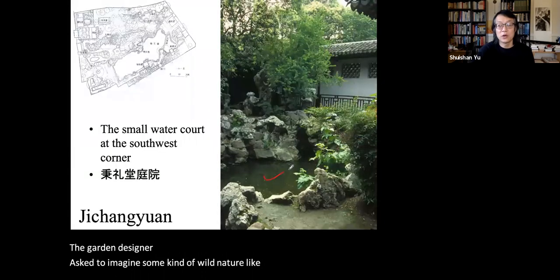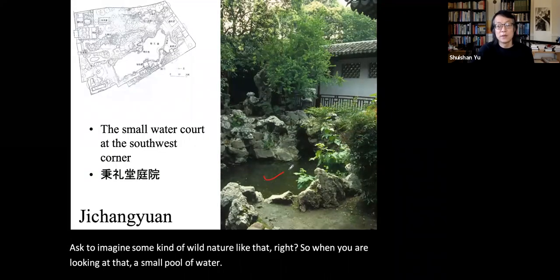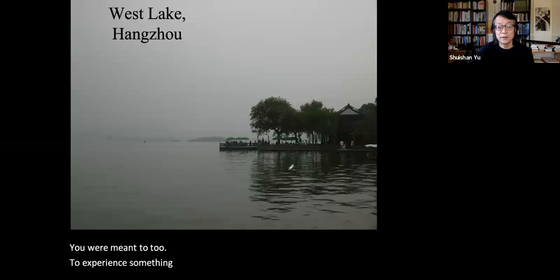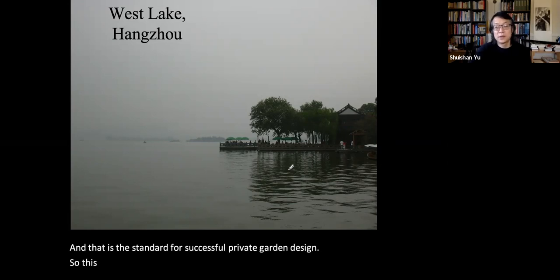So when you are looking at a small pool of water, you were meant to experience something like that. And that is the standard for successful private garden design. So these scenery areas in those southern cities are inspiration for both private garden as well as for imperial garden.